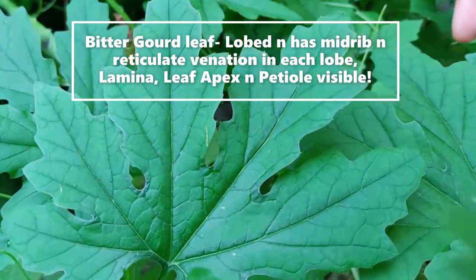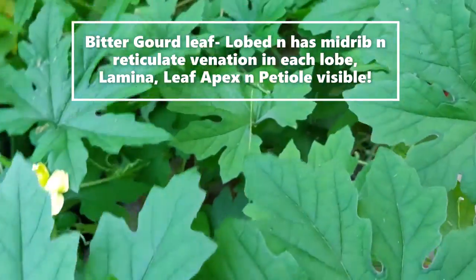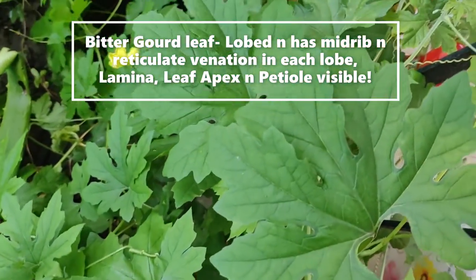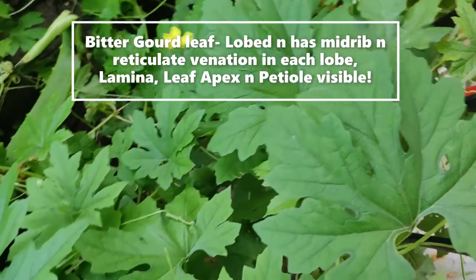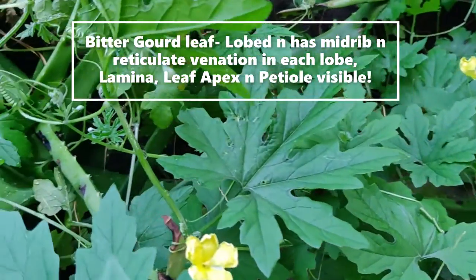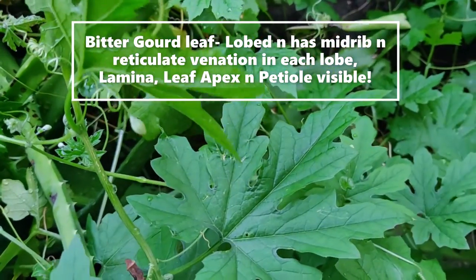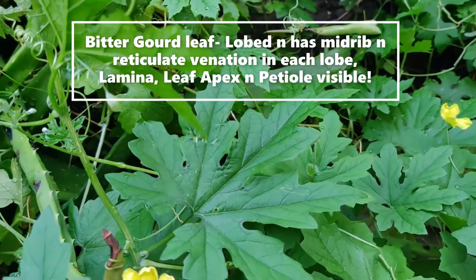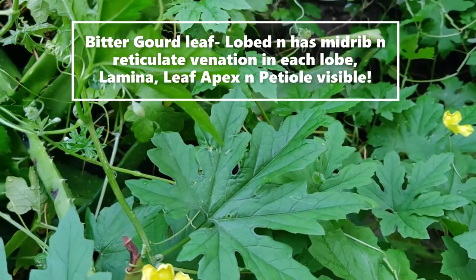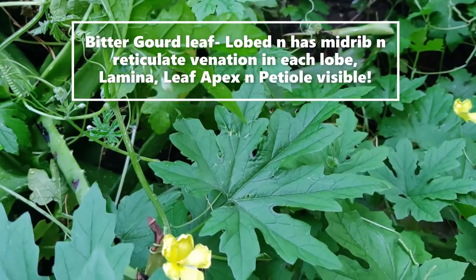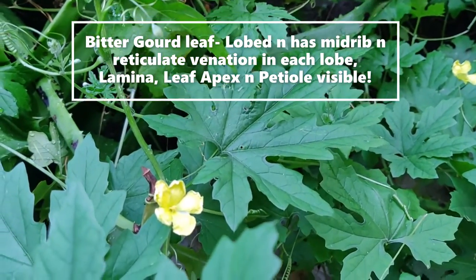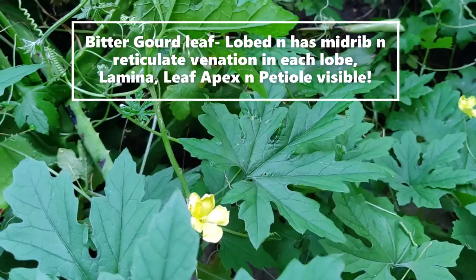You can see of the veins in these leaves. I hope you have understood a leaf with reticulate venation. So naturally, when the leaf is having reticulate venation, its roots will be taproot.